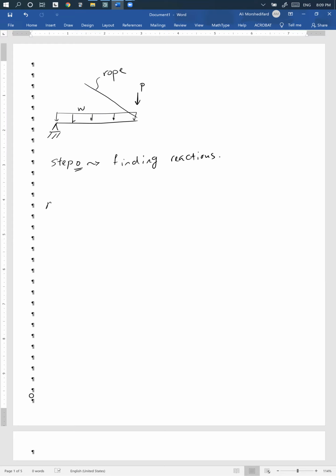So let's see what this rope does for us. All this rope means is that you can only have tension, right?